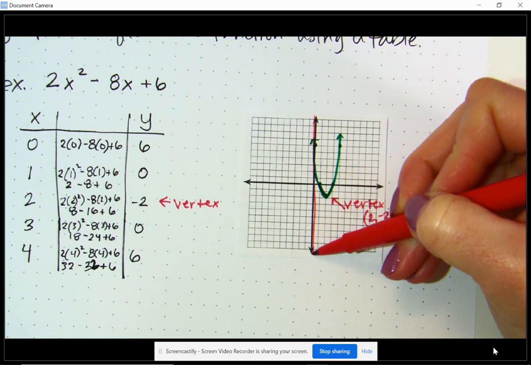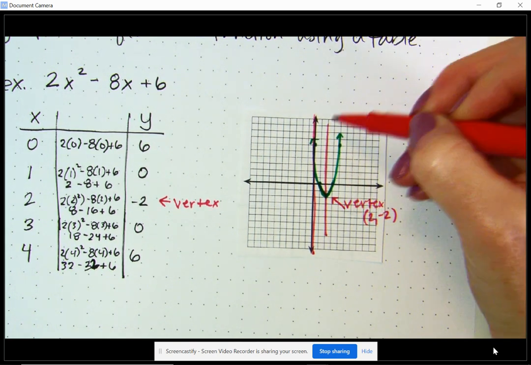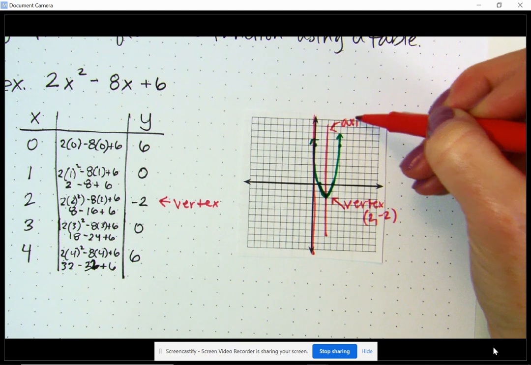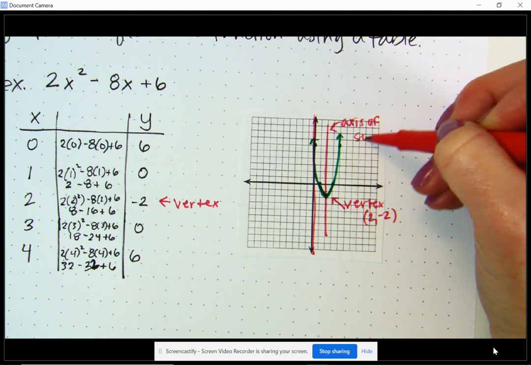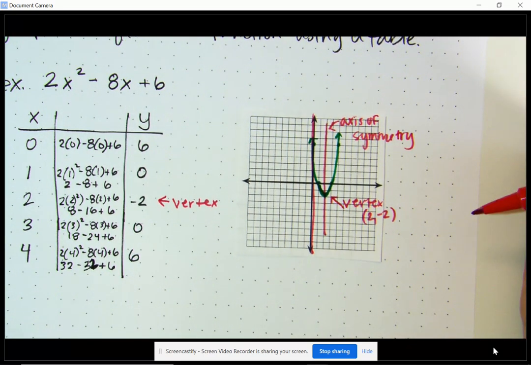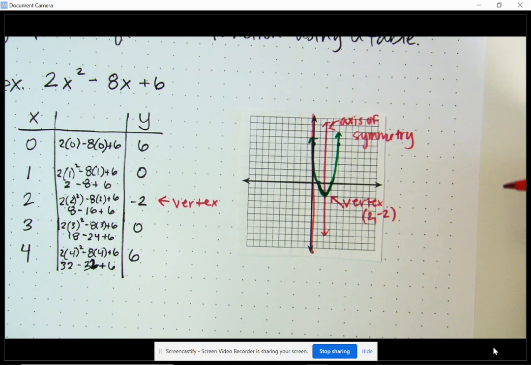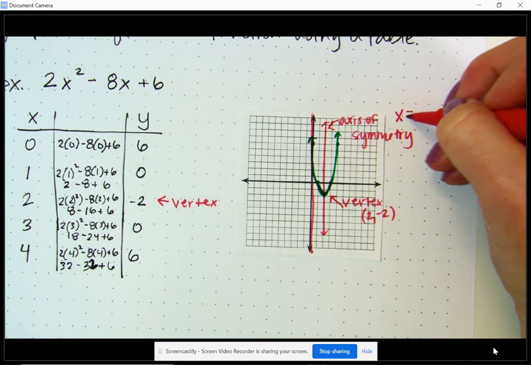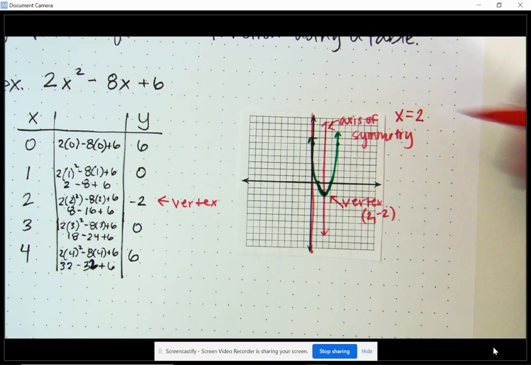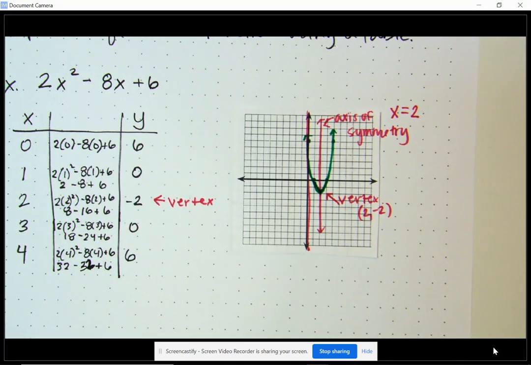My axis of symmetry, oops, sorry, it's not my axis of symmetry. Here's my axis of symmetry, right? And I would call that x equals 2, because that's a vertical line going through x equals 2.